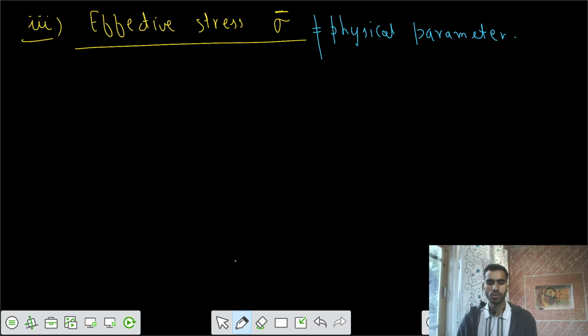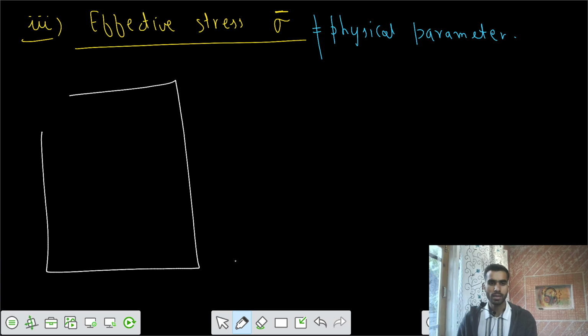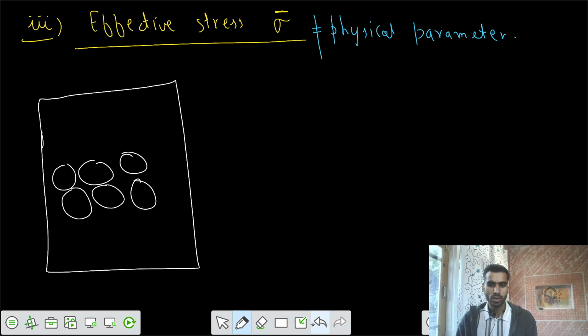Let's analyze the soil mass. Let's take a soil mass and zoom in. There are a few soil particles, and they are in contact with each other.